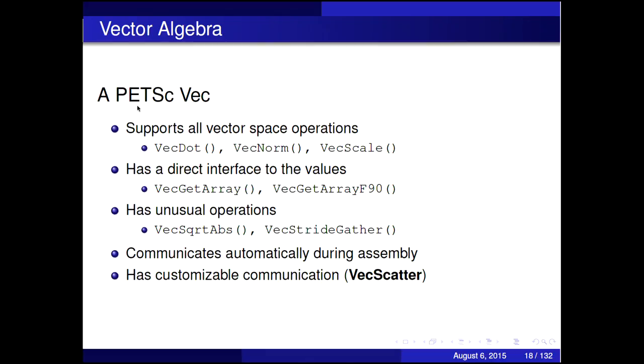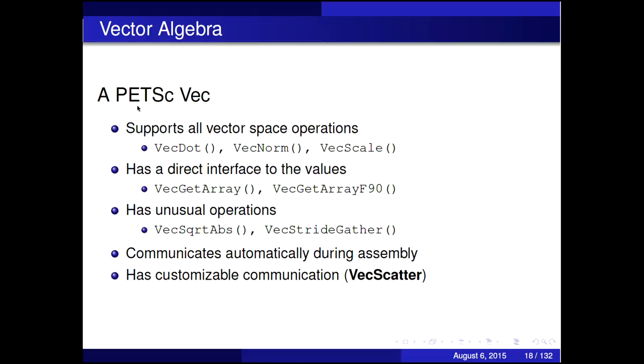PETSc vectors have all the standard vector space operations like norms, dot products, being able to scale vectors. In addition, we have ways to access directly the values on your local process with VecGetArray, and in Fortran, VecGetArrayF90. There's also a lot of oddball vector operations like VecAbs, which takes the square root of the absolute value of each entry in a vector.